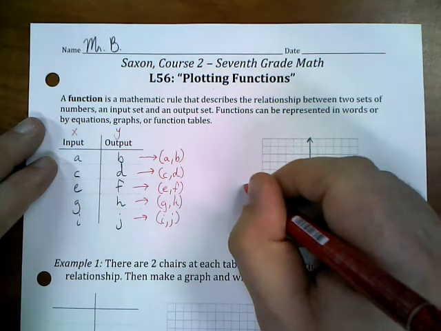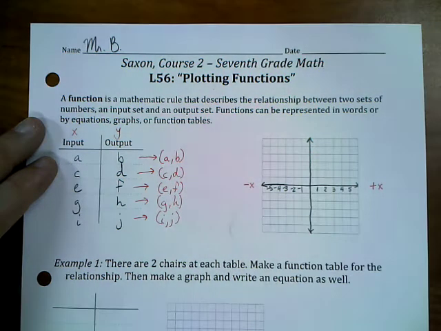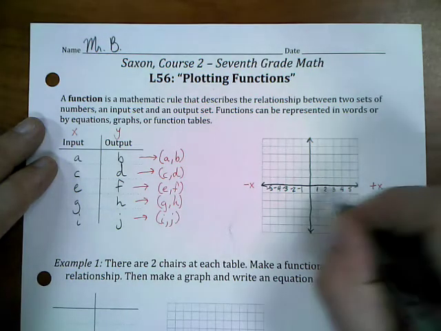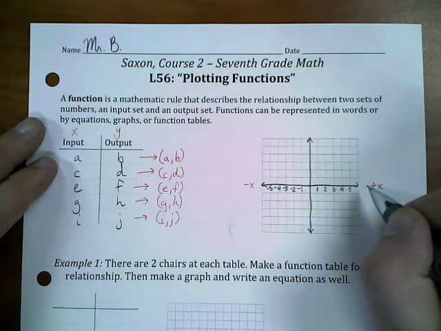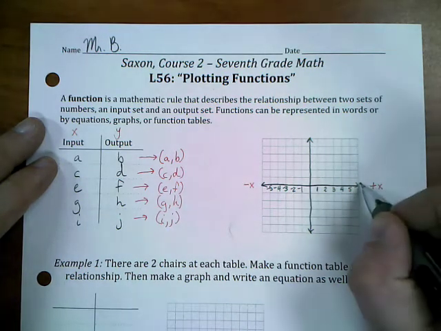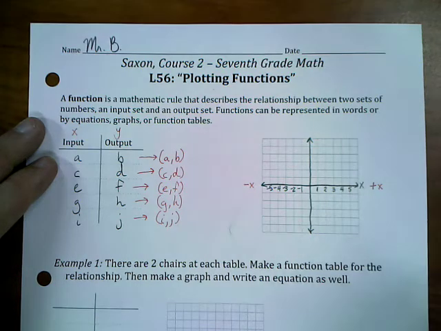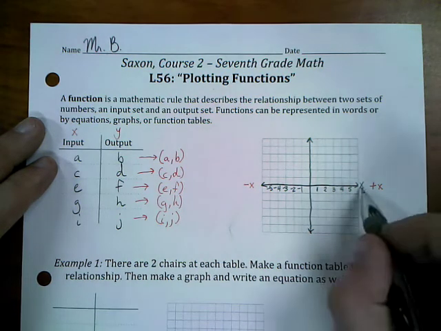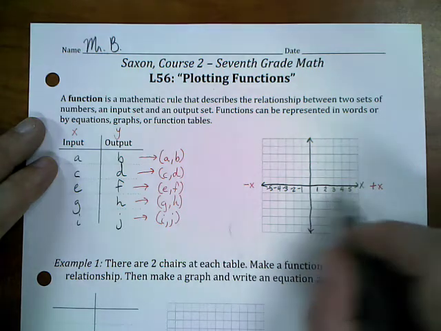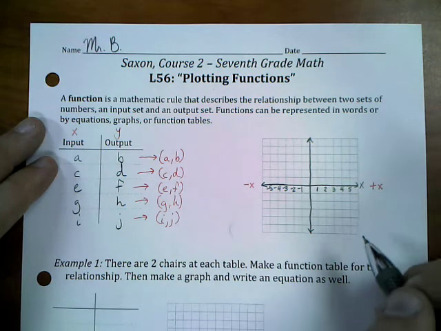This is the negative x values. If we're going to label this axis, and this is what I'd like you to do, we often label the x-axis in the positive direction. So I'm going to put an X next to this positive x-axis direction.